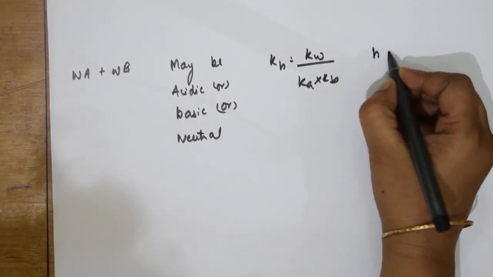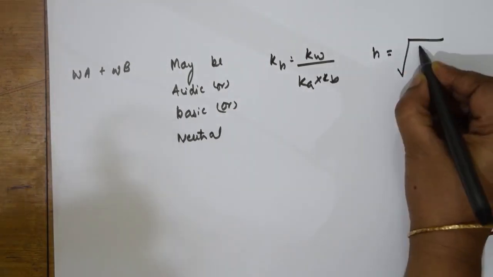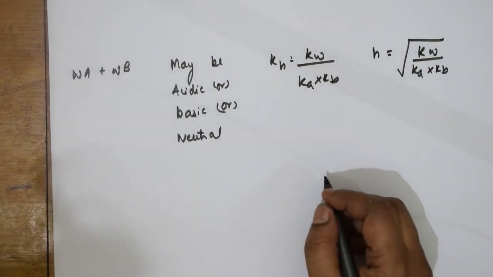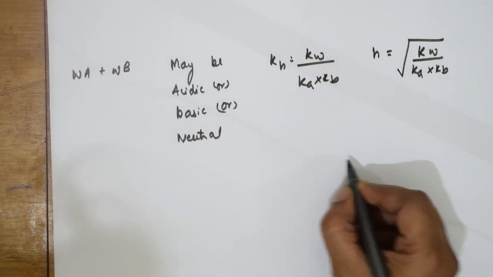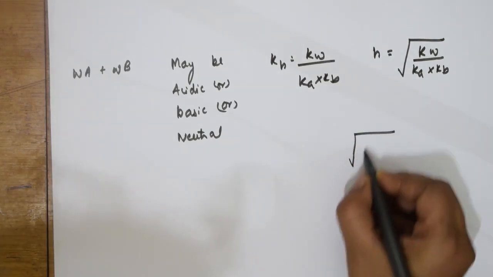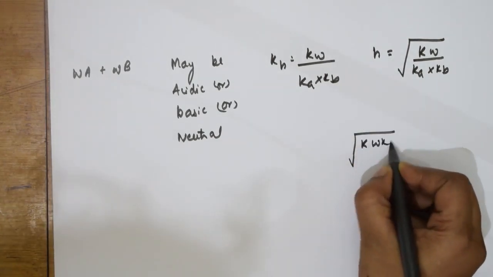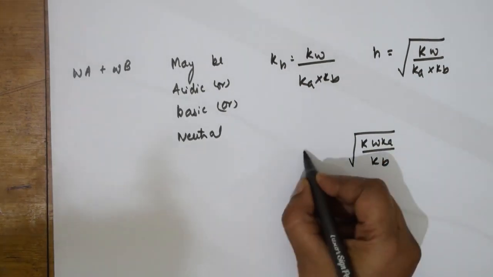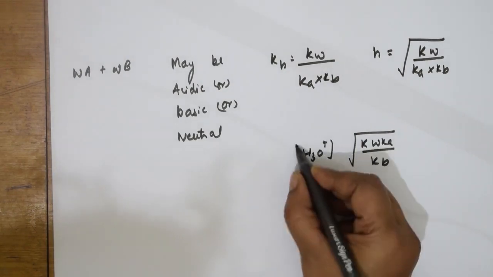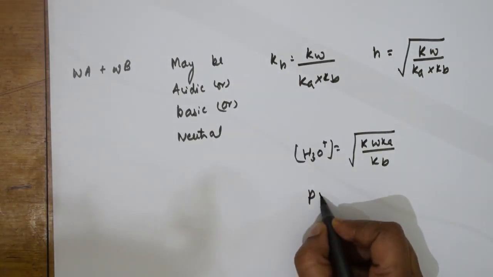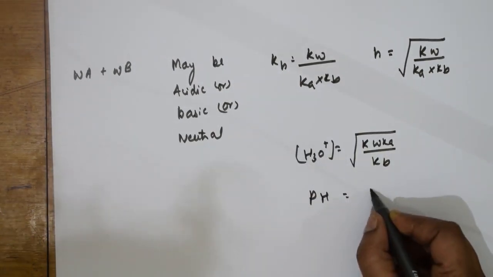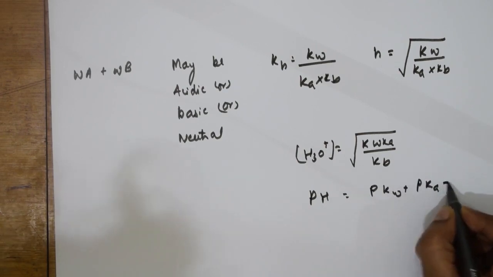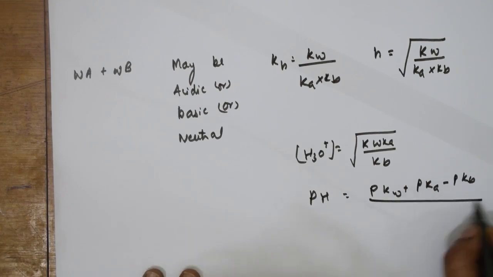Next one, degree of hydrolysis, h is equal to root of Kw by Ka into Kb. H3O plus concentration would be, Kw Ka by Kb. And the pH value, pH is equal to pKw plus pKa minus pKb by 2.